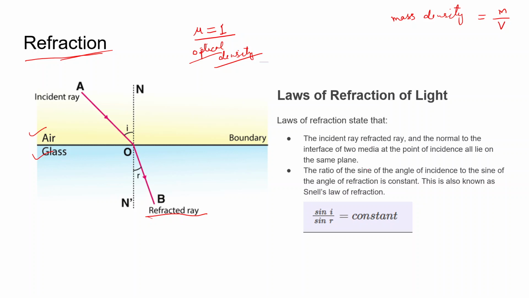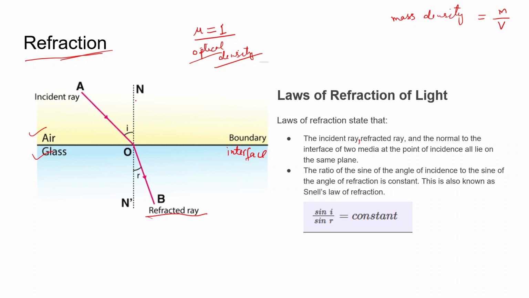So we have two laws of refraction of light as well. The first law says that the incident ray, the refracted ray, and the normal to the interface of two media at the point of incidence all lie in the same plane. This is similar to the law of reflection. Here, because on one side it's a different material and on the other side a different medium, this boundary in scientific terms is called an interface.